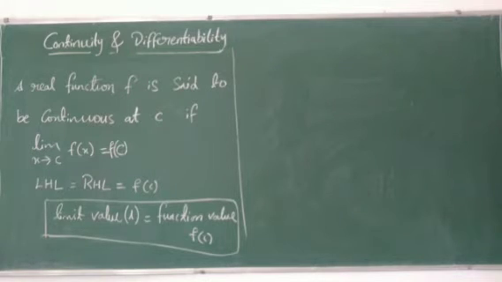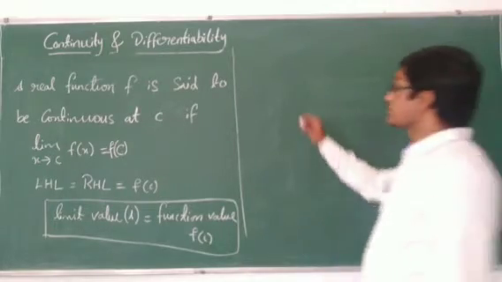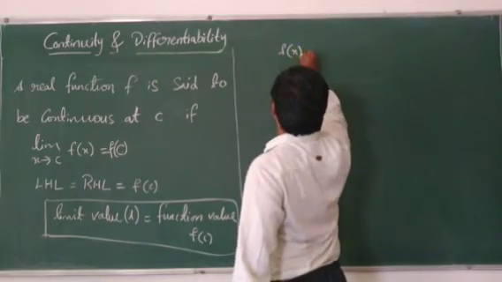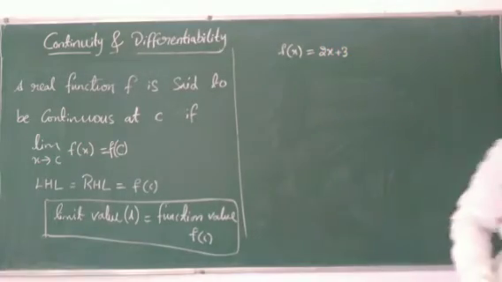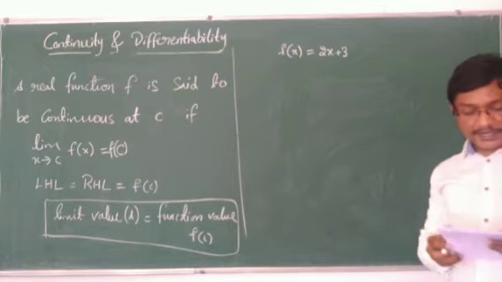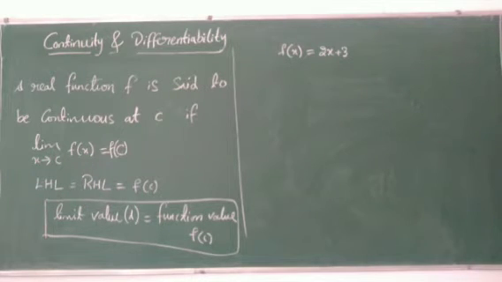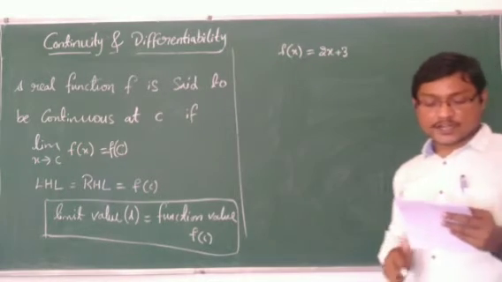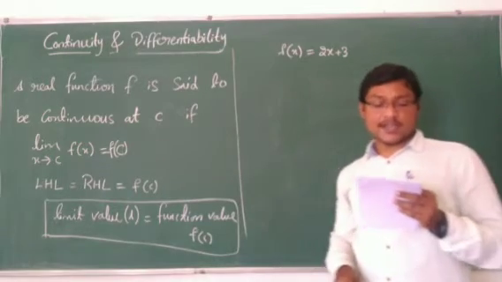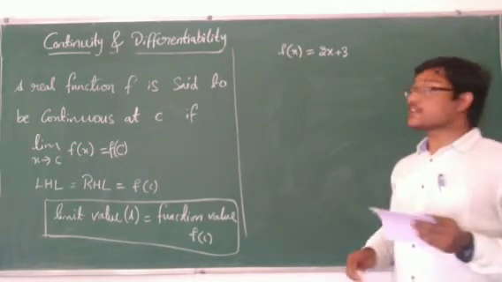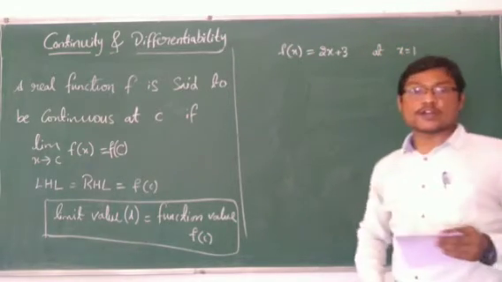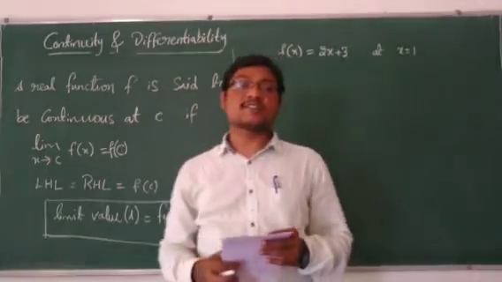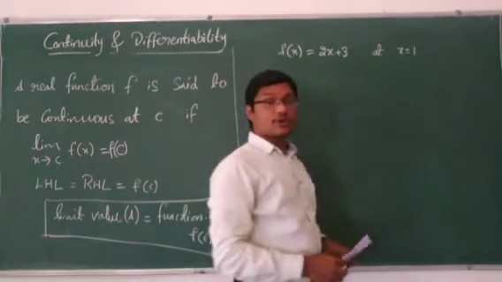Suppose f of x is equal to 2x plus 3. This is an example from your textbook itself, example 1. Check the continuity of the function f given by f of x equal to 2x plus 3 at x equal to 1. We have to check whether the given function is continuous or not at x equal to 1.